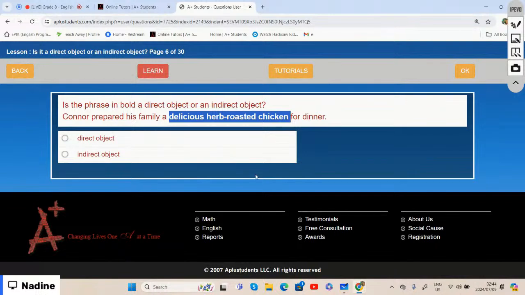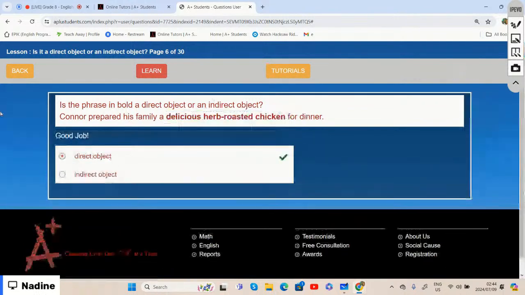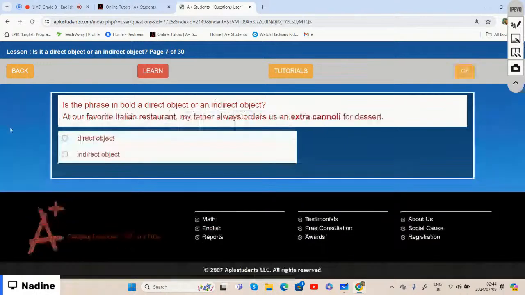So we can say Connor prepared his family a delicious roasted chicken for dinner. And we can say that is a direct object.